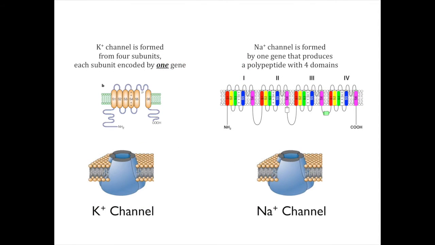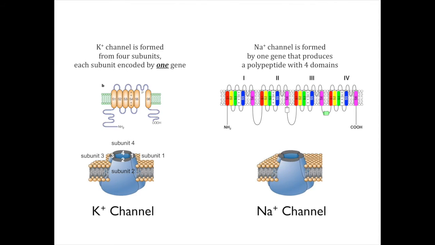An individual alpha subunit cannot by itself form a channel. Rather, the Shaker potassium channel is formed by combining 4 alpha subunits into a tetramer, as shown here. There's one subunit, there's another subunit, there's a third subunit, and there's a fourth subunit.